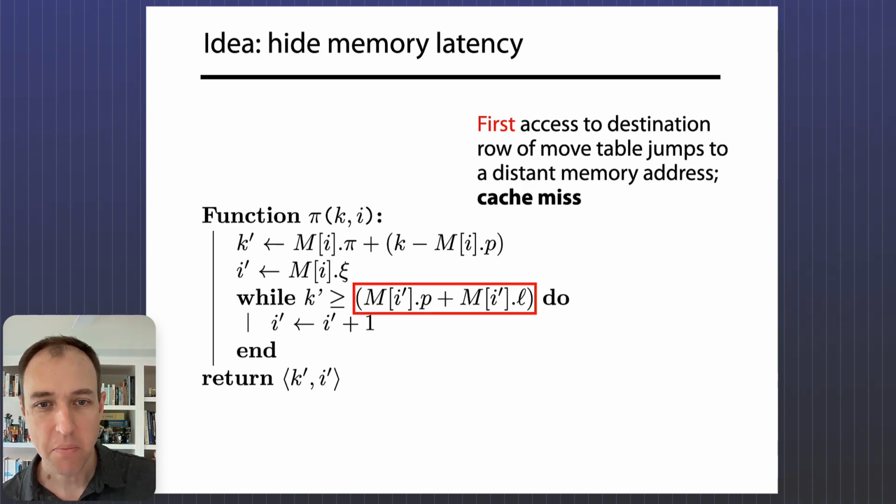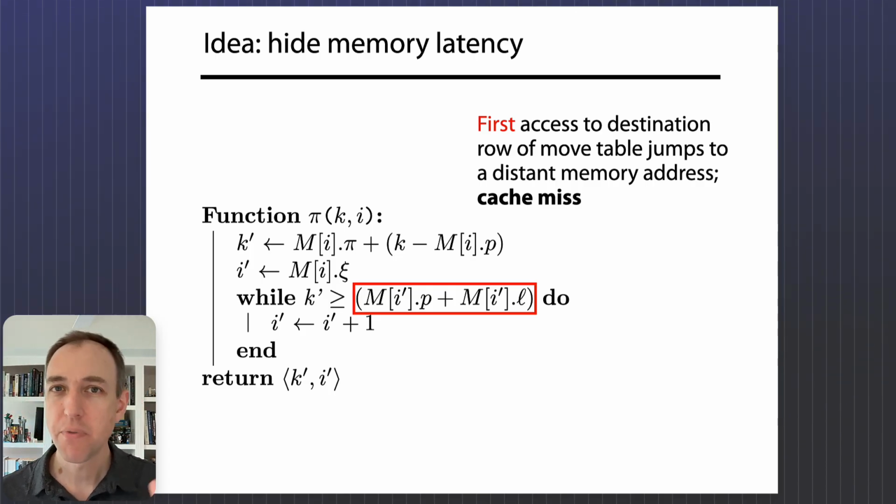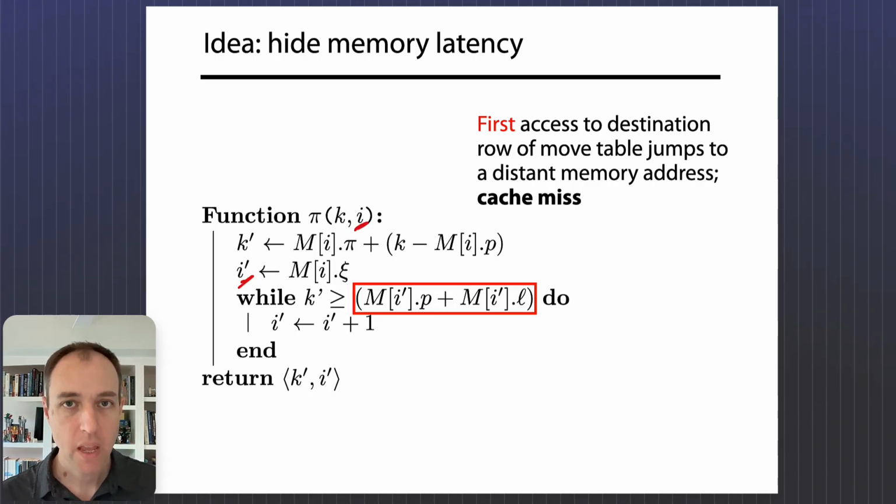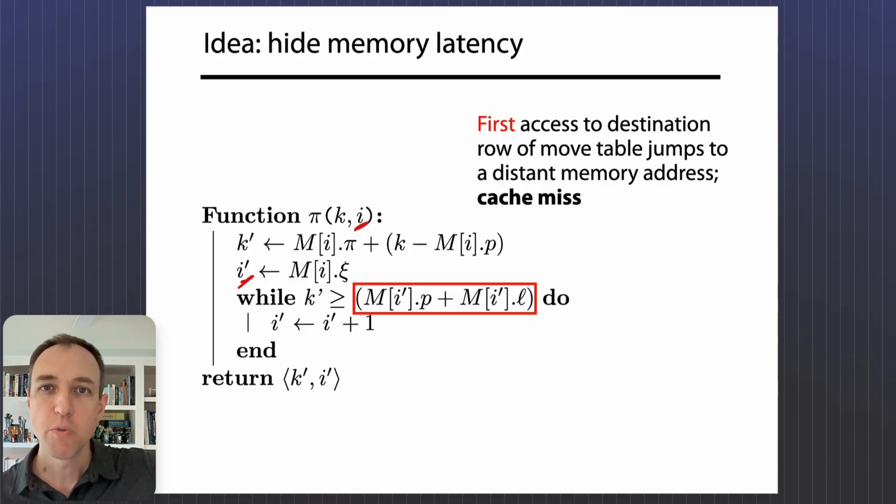When we access m of i prime dot p and m of i prime dot l. That i prime is a new row. It's different from the row that we were just in, right? It's different from i, right? i prime is different from i. So that's a large movement through memory, potentially, right? The row that we jump to could be very distant from the row that we began at, right?